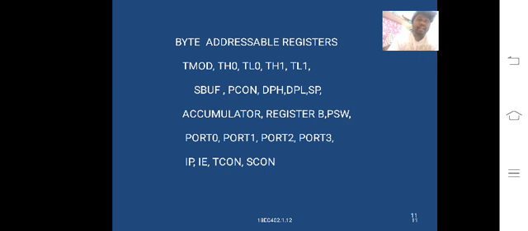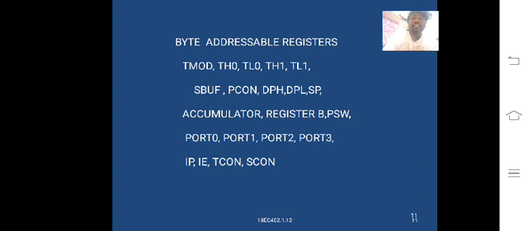The byte addressable registers of the special function registers. The byte addressable registers of the 8051 microcontroller special function registers. The TMOD register is byte addressable, and TH0, TL0, TH1 and TL1 are all byte addressable registers.